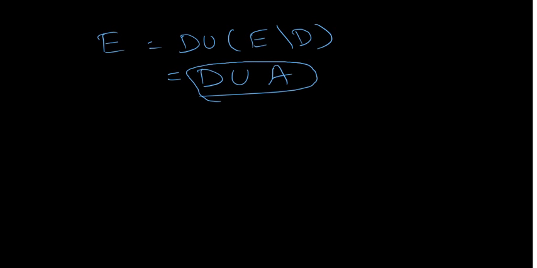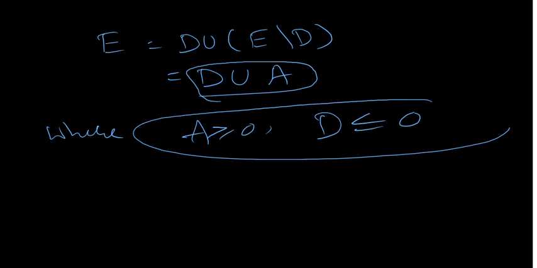A has measure greater than or equal to 0 and D has measure less than or equal to 0, and they are also disjoint from each other.